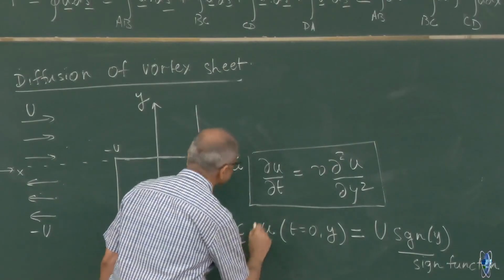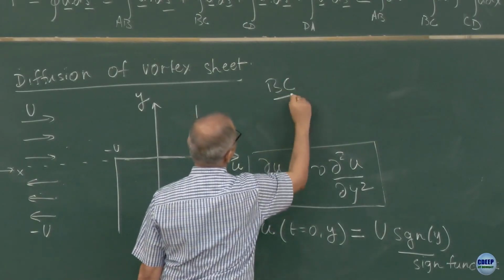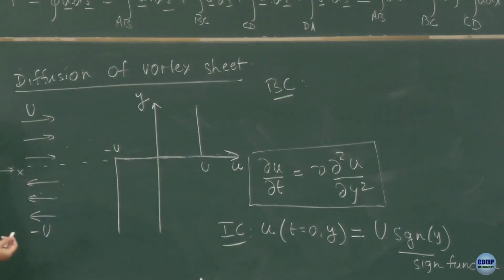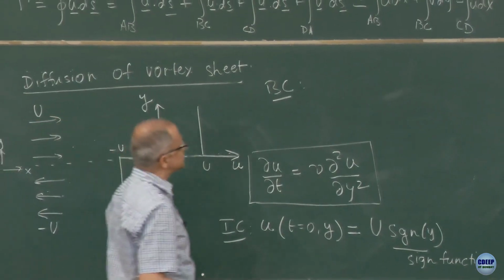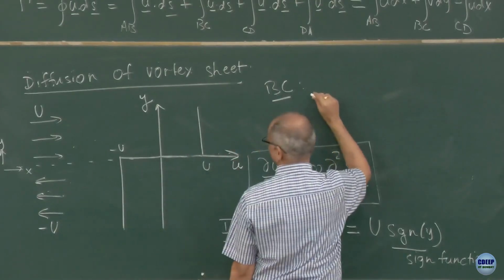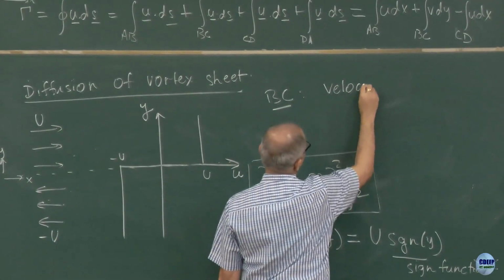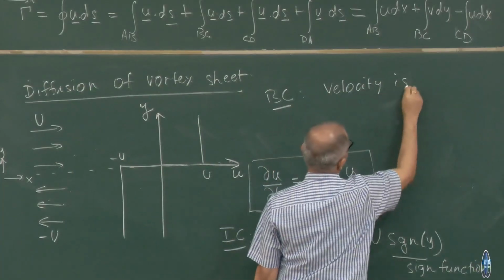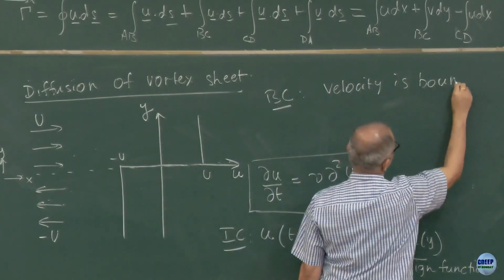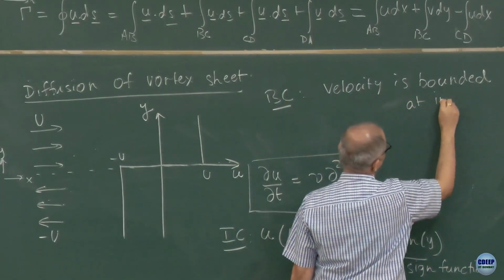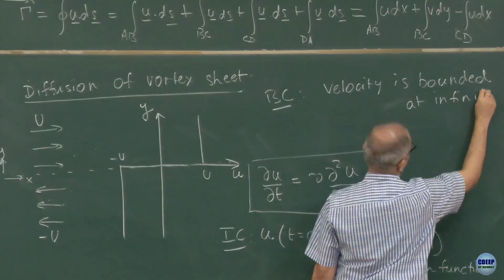My boundary conditions are, we can go to infinity, we can use the boundedness condition, so we can just say the velocity is bounded at infinity, plus minus infinity both.